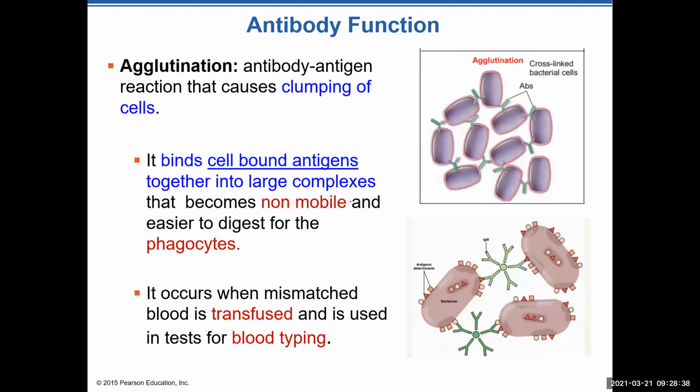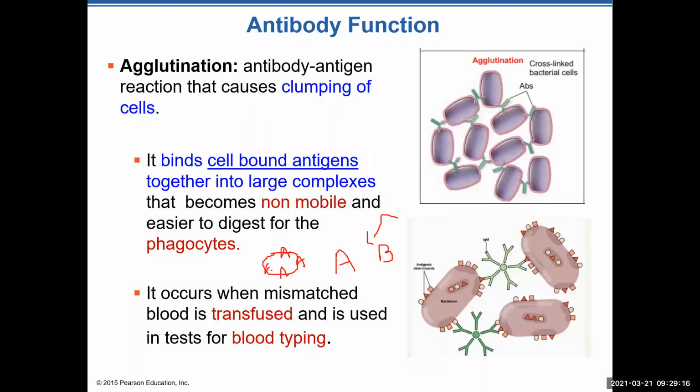Then comes agglutination. Agglutination is basically, which you might have seen, whenever, for example, I have blood group A and I receive blood from a person who has blood group B. If I have blood group A, that means on my RBCs I have A antigens, only A antigens.